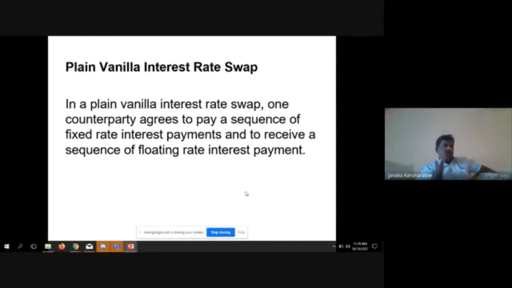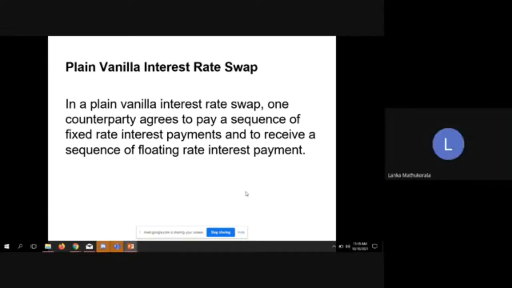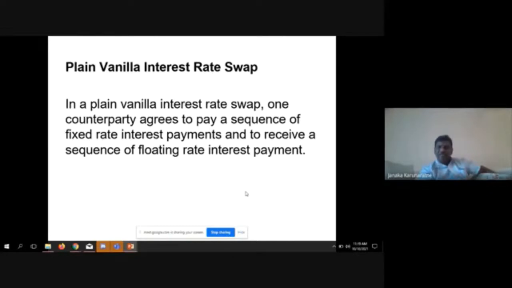Usually in Sri Lanka, I don't think the deposits are floating rate. Most of your bank deposits are fixed rate, isn't it? Are there any banks offering floating rate? Yes, sir, there are. There are floating rates now. But most banks offer fixed rate.